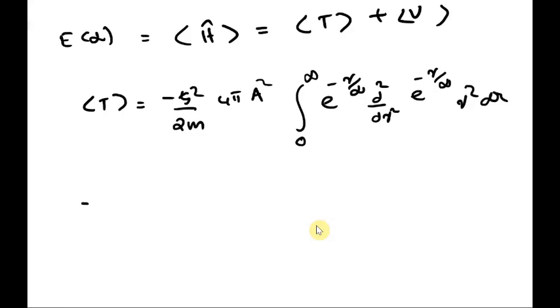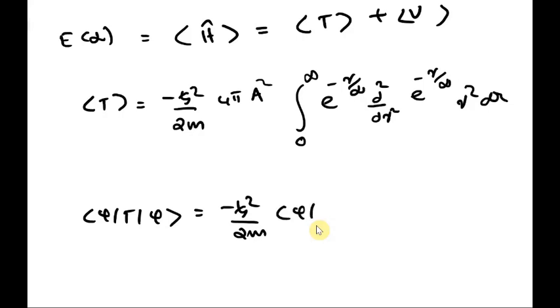So the kinetic energy expression, let me write it in the general form. If I have an integration of the kinetic energy term, psi T psi, that I calculate by minus h cross square by 2m, psi, whatever that operator. In the general case, it is the del square operation acting on psi.